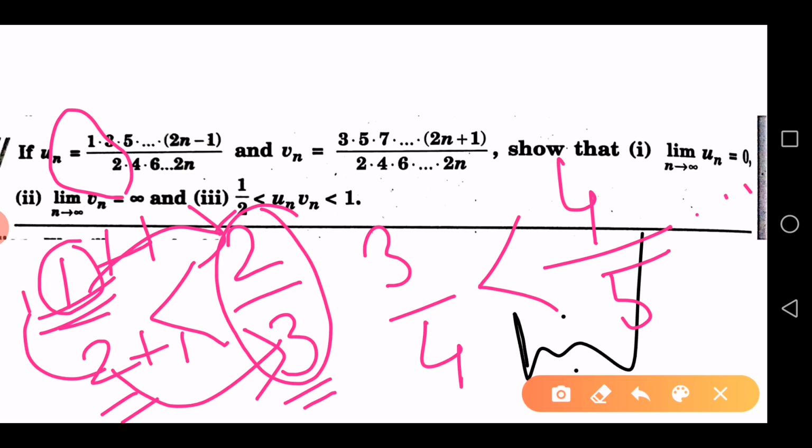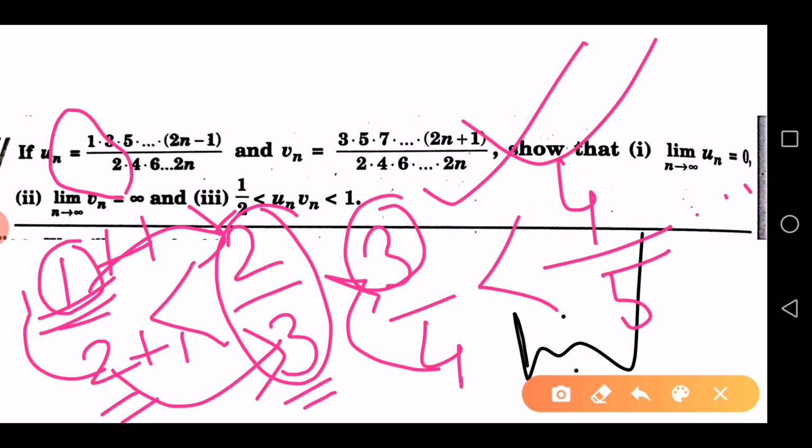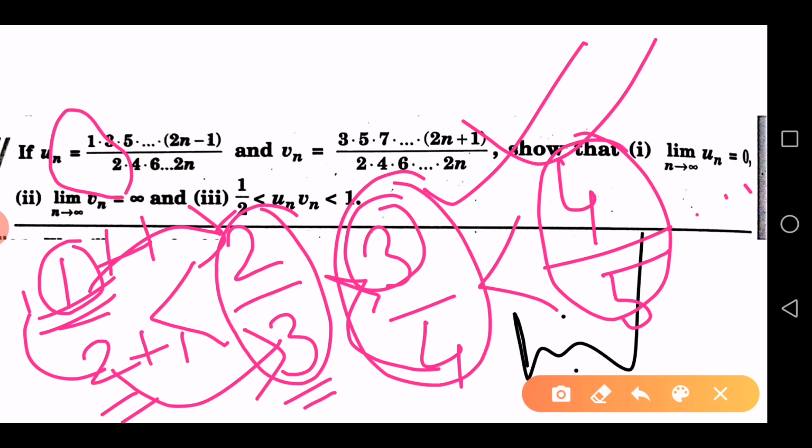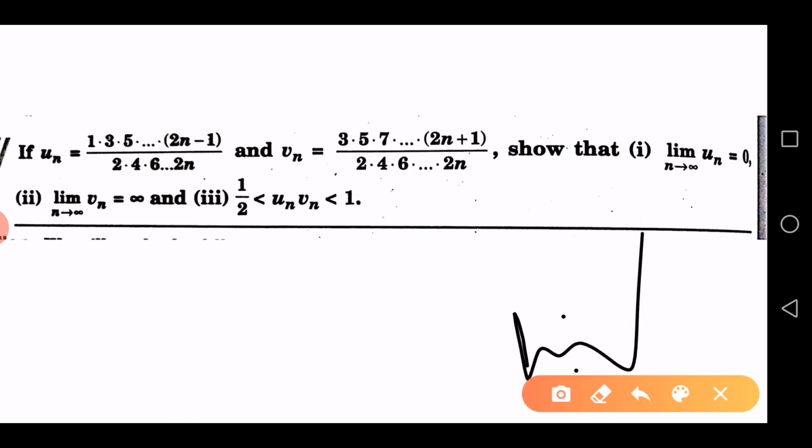Same thing happens for all the ratios. Like 3 by 4, here also we see 3 is lesser than 4. So if we add 1 to both numerator and denominator, we get 4 by 5. This ratio is larger than 3 by 4, as 3 by 4 is 0.75 and 4 by 5 is equal to 0.8. But the situation will be reversed if the numerator is larger. For example, 3 by 2.